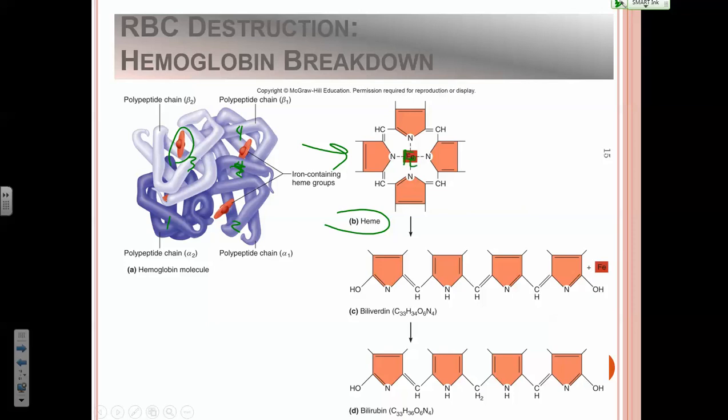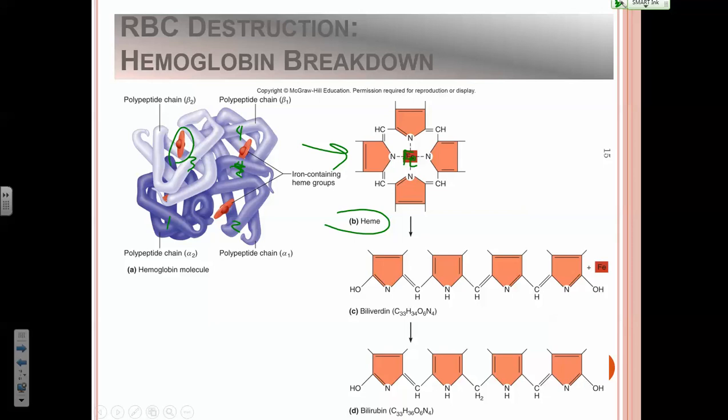Do y'all know what Fe stands for? Iron. Okay? And that's the part where oxygen is bound. So if each hemoglobin molecule has 4 heme units, that means it can hold up to 4 oxygens.